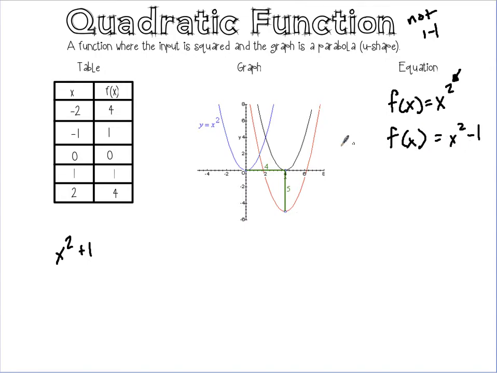Okay, that's just going to move your parabola. Specifically, what I do want you to know is if you take your function and you make it negative, that's actually going to flip your graph. So instead of having a U that opens upward, you're going to have a U that opens downward. So when that negative is out there, you need to know that it's going to flip your graph.